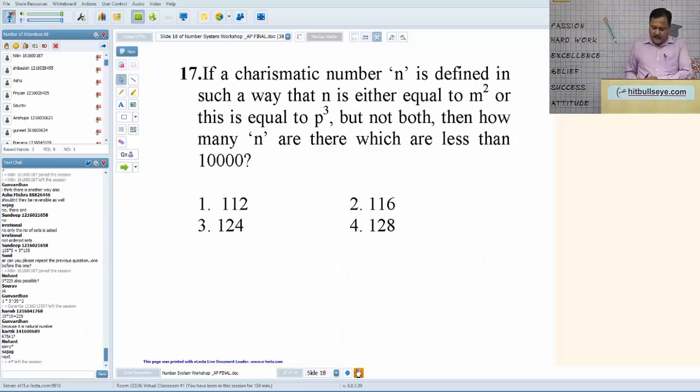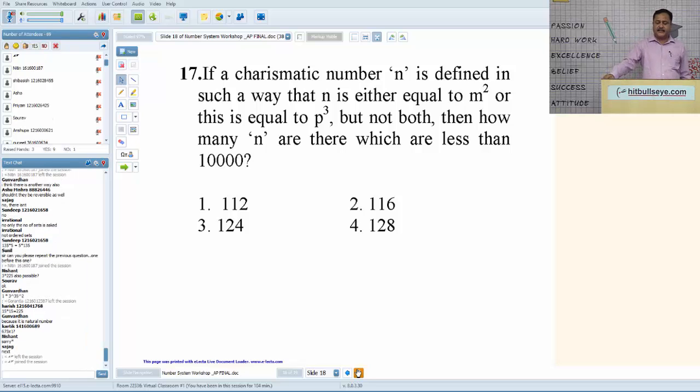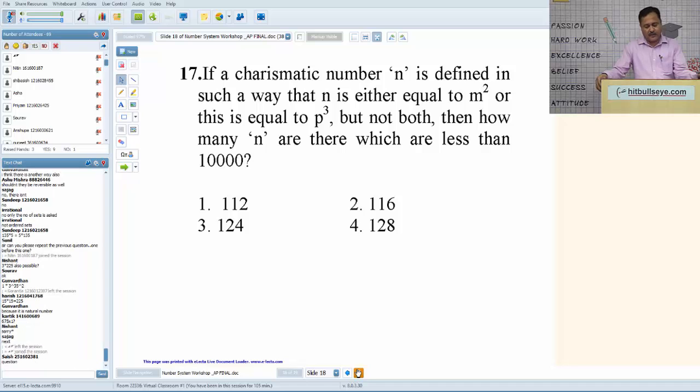If a charismatic number n is defined in such a way that n is either equal to m square or this is equal to p cube, that means it is equal to a perfect square or is equal to a perfect cube, but not both. But not both means number should not be in the form of a raised to power 6.